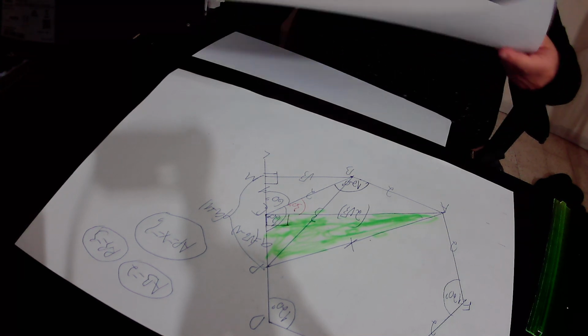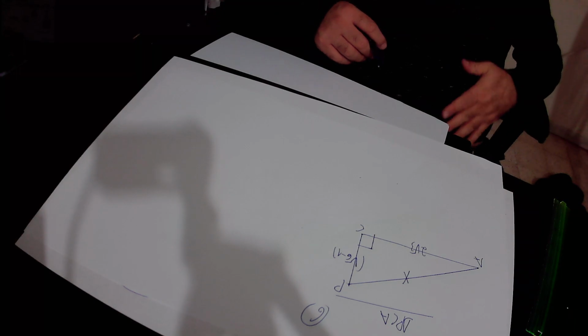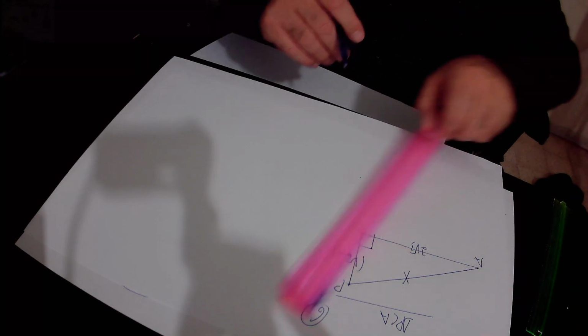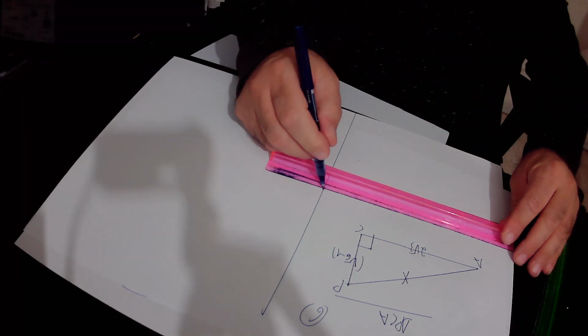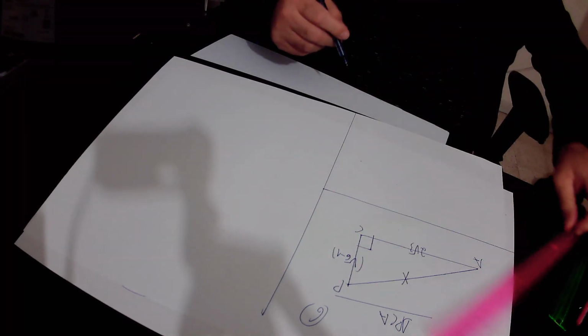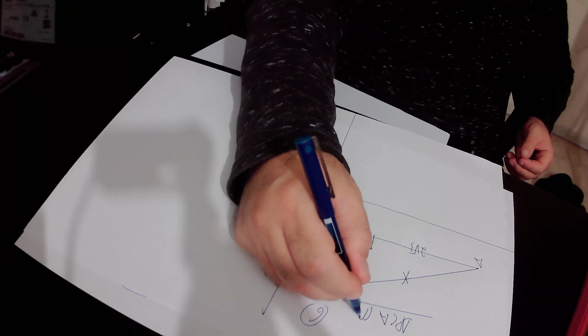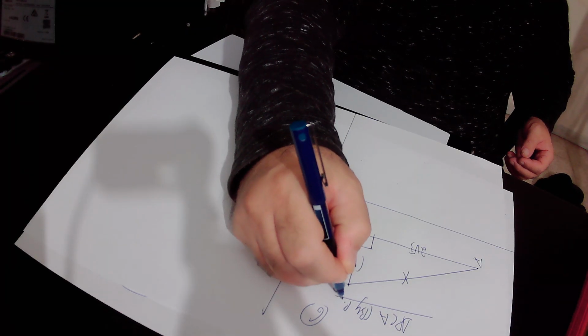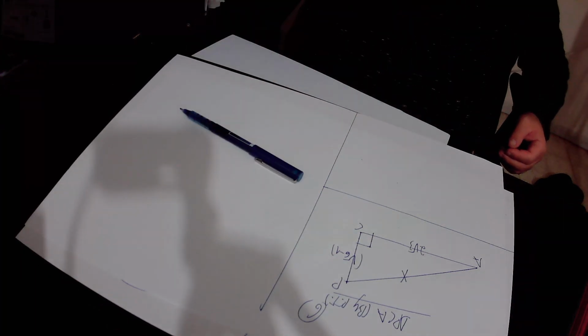So actually, this is the right triangle PCA. This is a copy from the original drawing. We will apply the Pythagoras theorem to this right triangle PCA. Here, PT is an abbreviation for Pythagoras theorem. According to the Pythagoras theorem, in a right triangle, the square of the hypotenuse equals the sum of the squares of the perpendiculars.